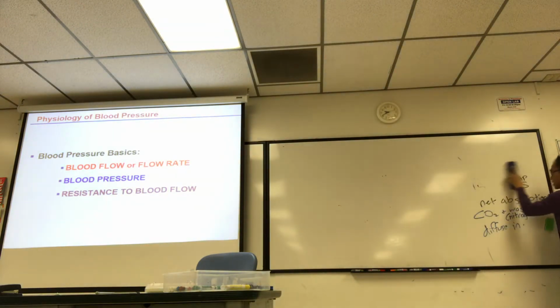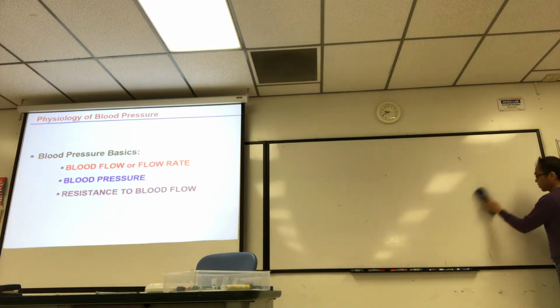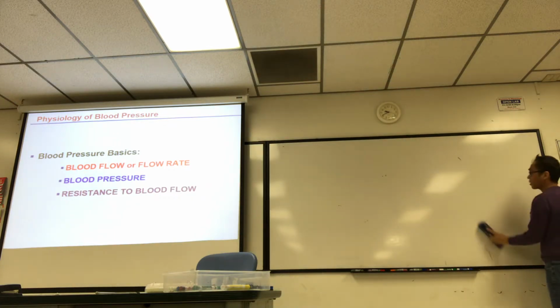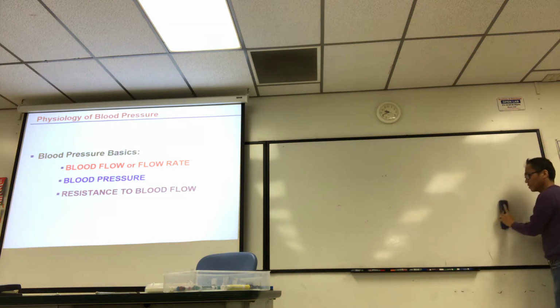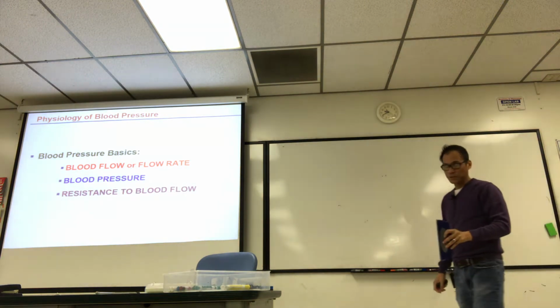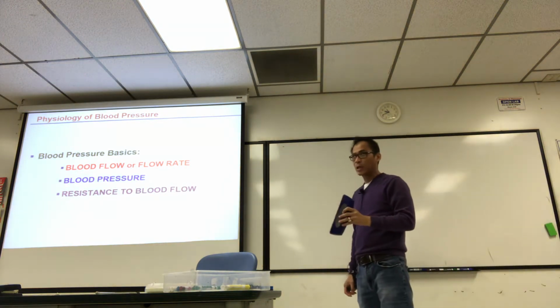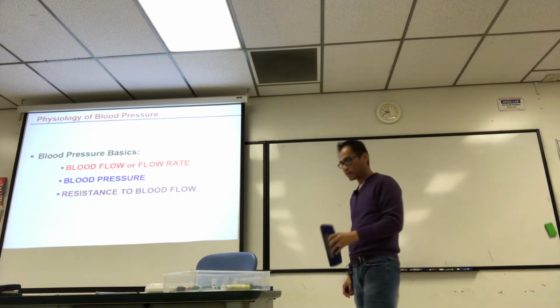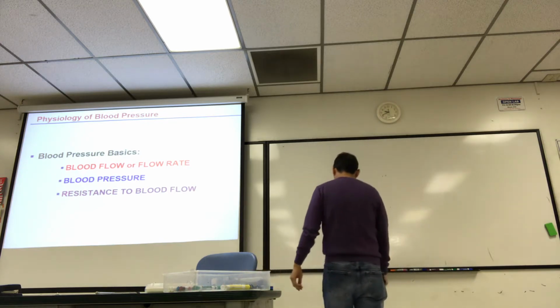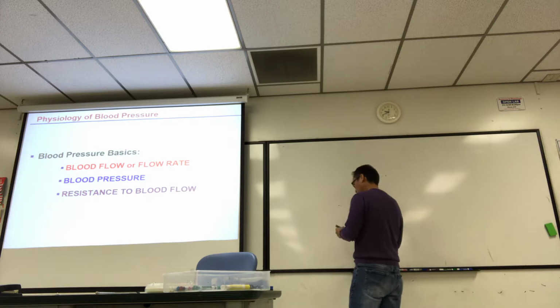So just to be clear, we have all these different kinds of pressures we talked about. Pressure in the arteries, pressure in the capillaries, pressure in the veins. The most important pressure are the pressures in your systemic arteries. That's the vital one you want to keep track of.